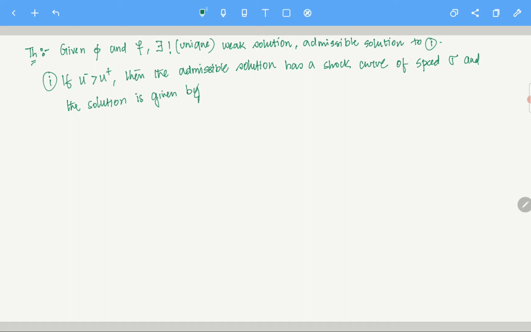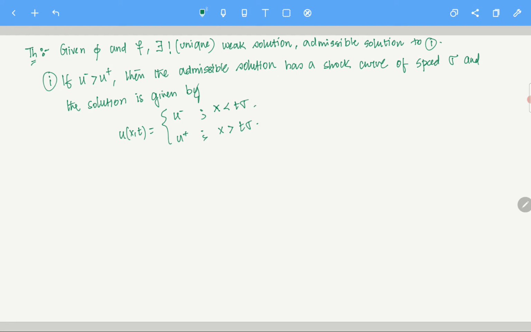it is basically telling you what the solution is. u of x,t is going to be u minus for x less than t sigma. Clear? And u plus for x greater than t times sigma.